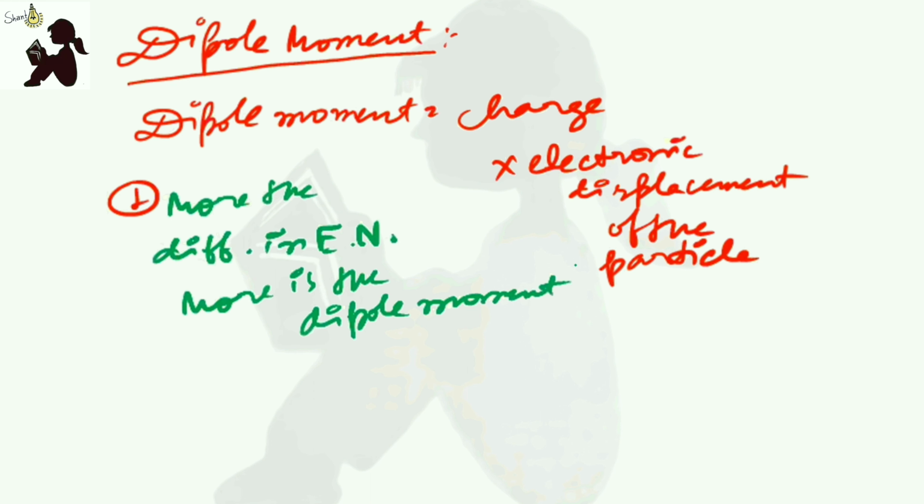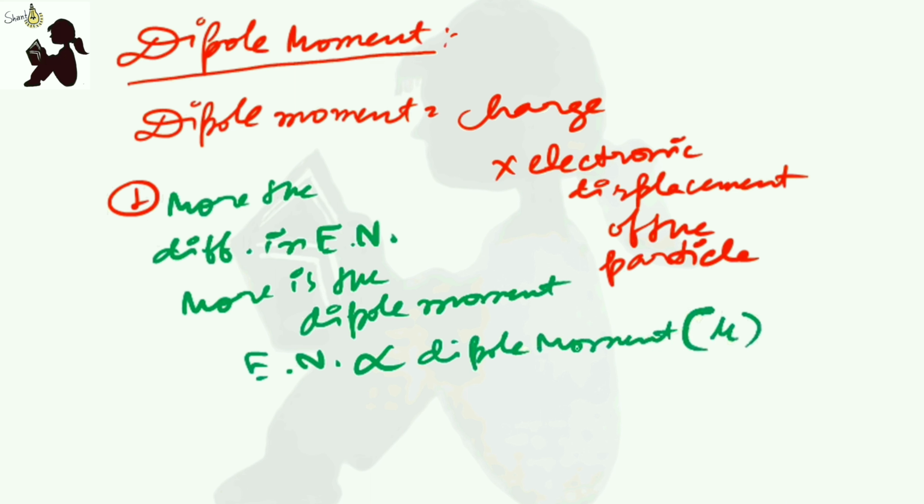So we can conclude from this, electronegativity is directly proportional to dipole moment. Here we are assuming this dipole moment as mu. So from now on we will write it as mu.